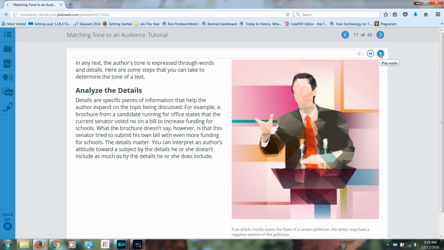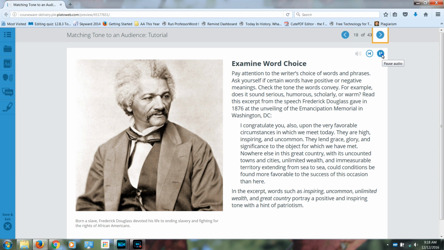The details really matter. The little details matter. What words does an author use? Pay attention to their words. Pay attention to their phrases.